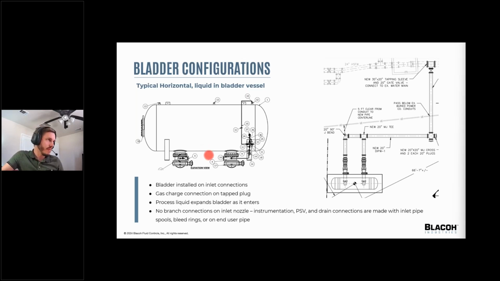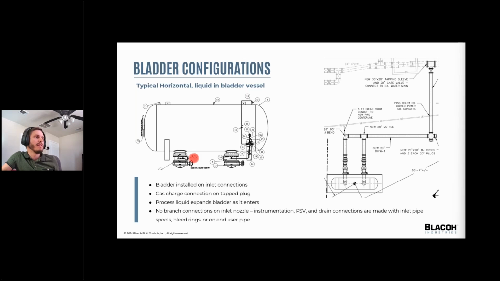The other thing I didn't mention earlier was with a liquid and bladder vessel configuration, those branch nozzles can be an issue. One way you can take care of that is to provide inlet spools. Just a simple pipe spool here between the isolation valve and the vessel so that you can get these other connections, the drain, the instrumentation, the PSV.